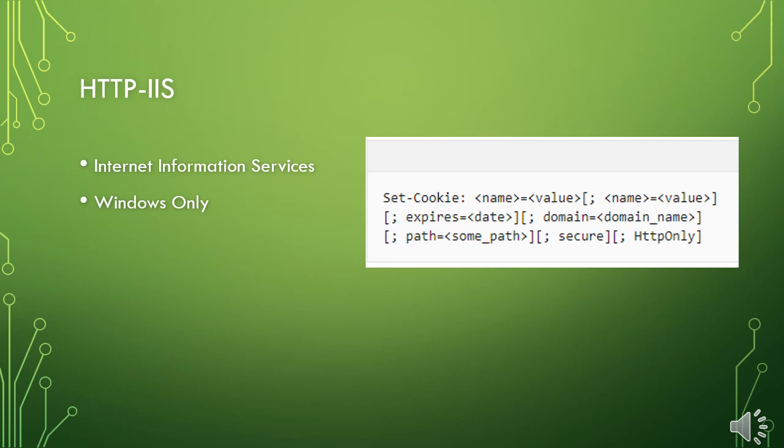IIS stands for Internet Information Services and can only be used in the Windows operating system. One way to secure HTTPS is to make sure that remote access users do not receive a detailed error report when it occurs.